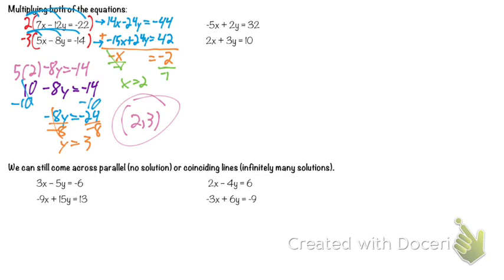What do we have to multiply the top equation by? 3. Bottom equation can stay the same. Top equation is 9x minus 15y equals negative 18. Bottom equation is negative 9x plus 15y equals 13.